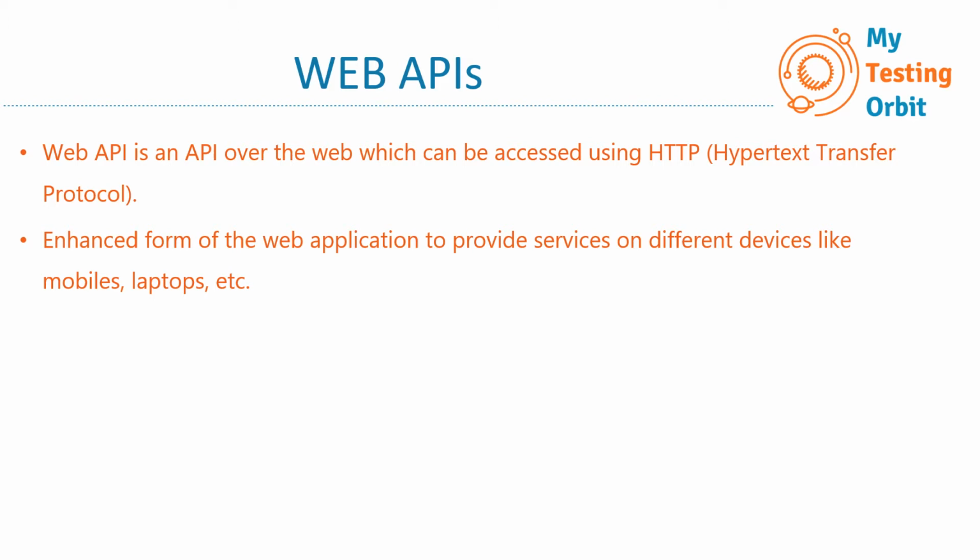Because nowadays everyone is using different browsers and different devices in their daily life. So in order to expose your data to all of these browsers and devices, we need to have a compatible API.